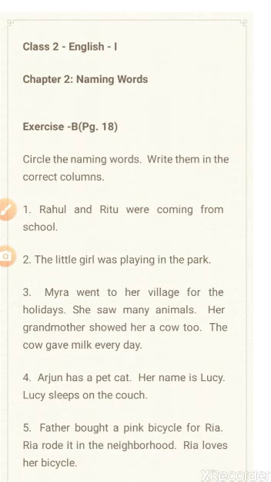But couch, what is couch? Couch is another word for sofa. So you know sofa is a name of a thing. So couch here is a naming word. It names a thing. So circle couch and write it in the things column.